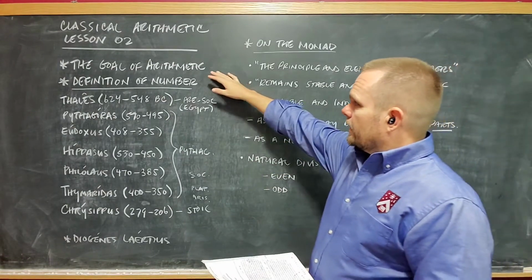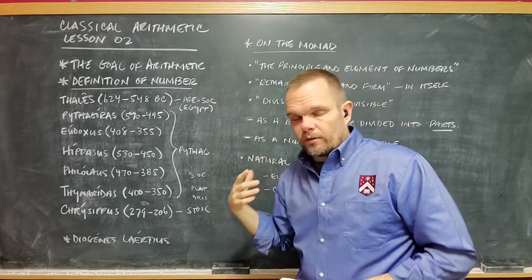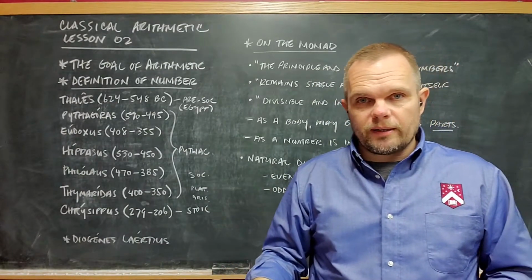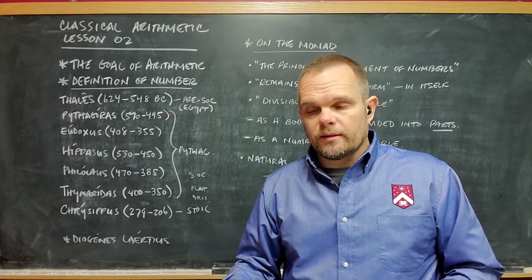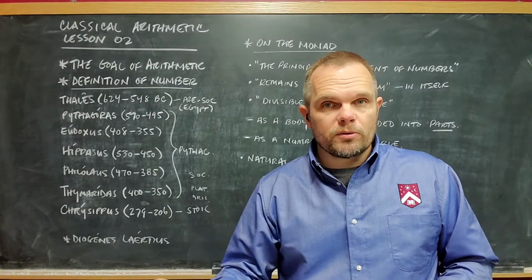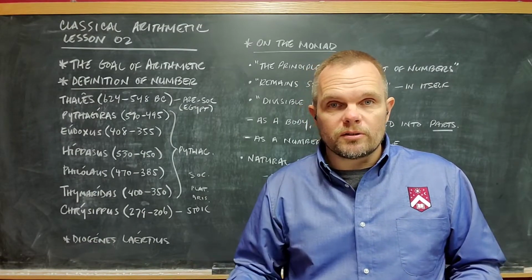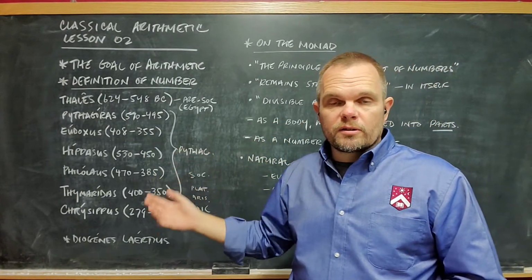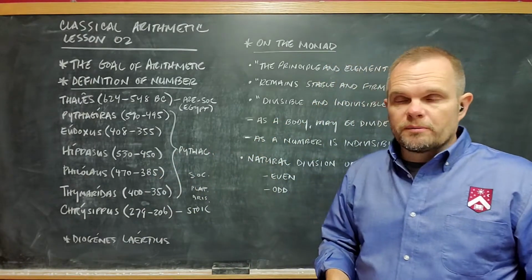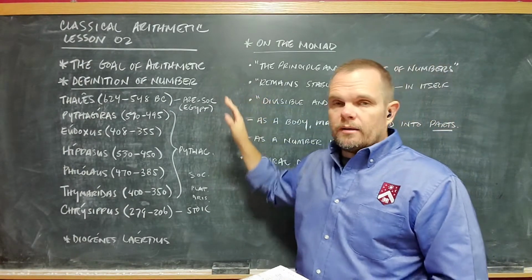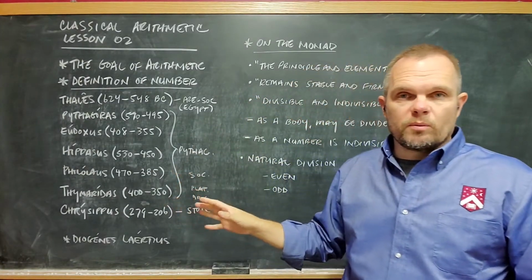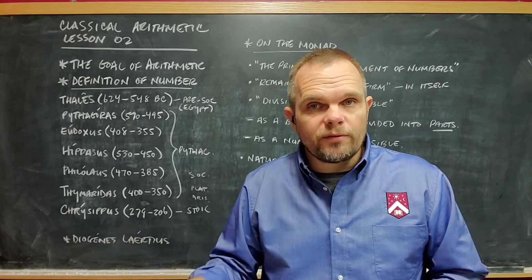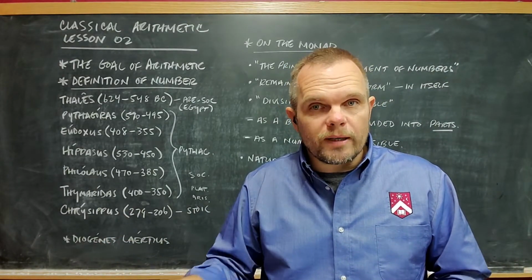I want to begin by discussing the goal of arithmetic, and I trust that I've explained this already to some degree in a video that I produced on an introduction to the quadrivium, and I probably talked a little bit about this in our first lesson in classical arithmetic. But we have to remember that this arithmetic that we're studying in classical arithmetic is philosophical or theoretical.